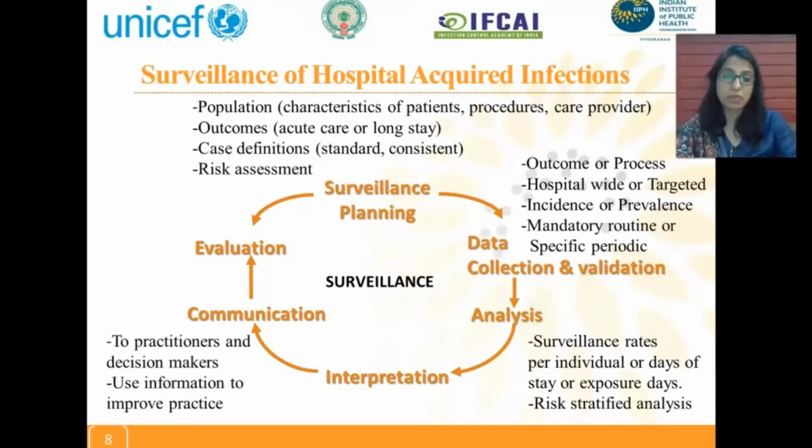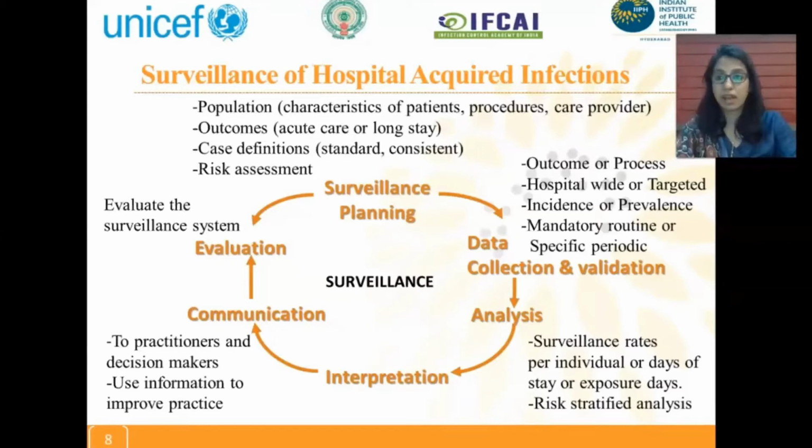For decisions to be made, you have to share your interpretations with clinical practitioners and decision makers who can influence the control measures. And please use this information to improve your clinical practice. Then, time and again, evaluate your surveillance system. Is it giving you what you desire out of it?